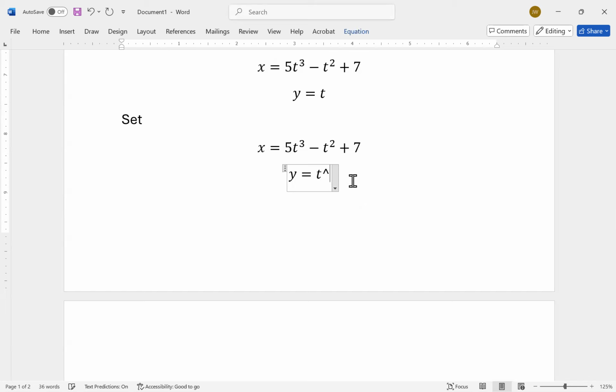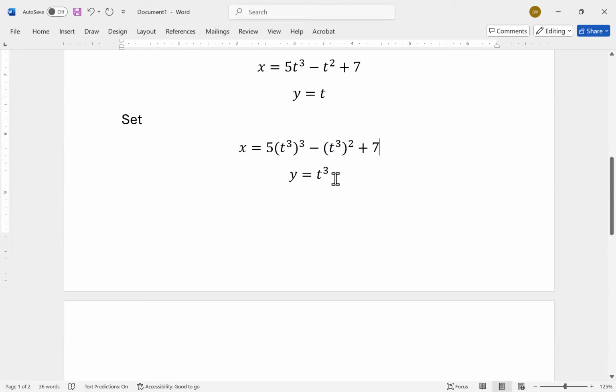So if I let y equal t to the third, then replace every y I see with a t to the third when I have that. And I could have just as easily done that.